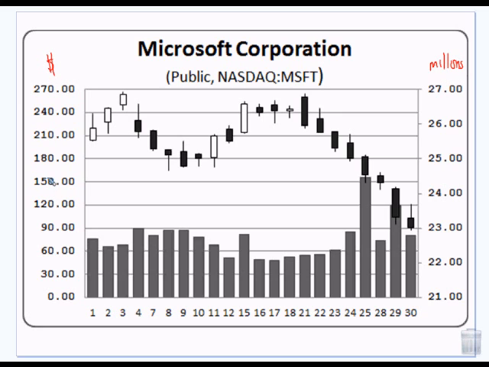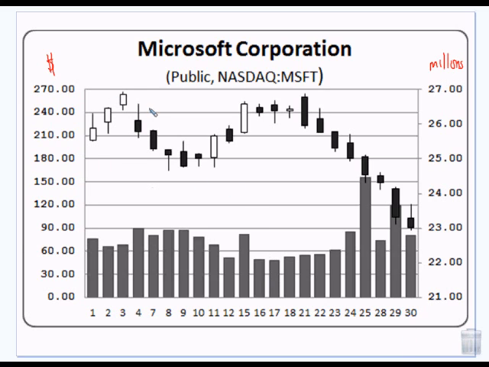I would not necessarily have known that just looking at this, except that I know Microsoft does not sell at its highest at like 26 bucks. Microsoft stock is much more expensive than that. But usually, if they do a scale like this where they overlap on a candlestick chart, money will be on the left generally, and millions will be on the right.